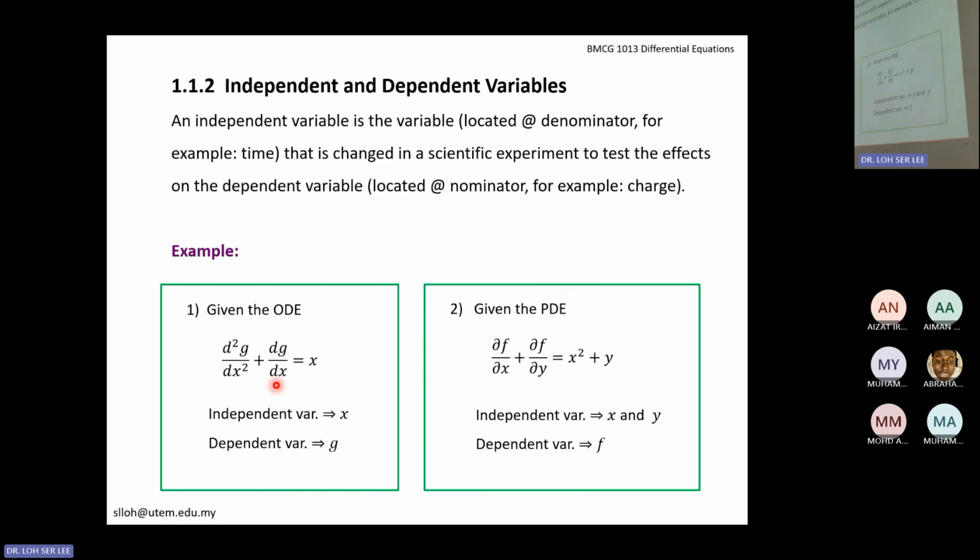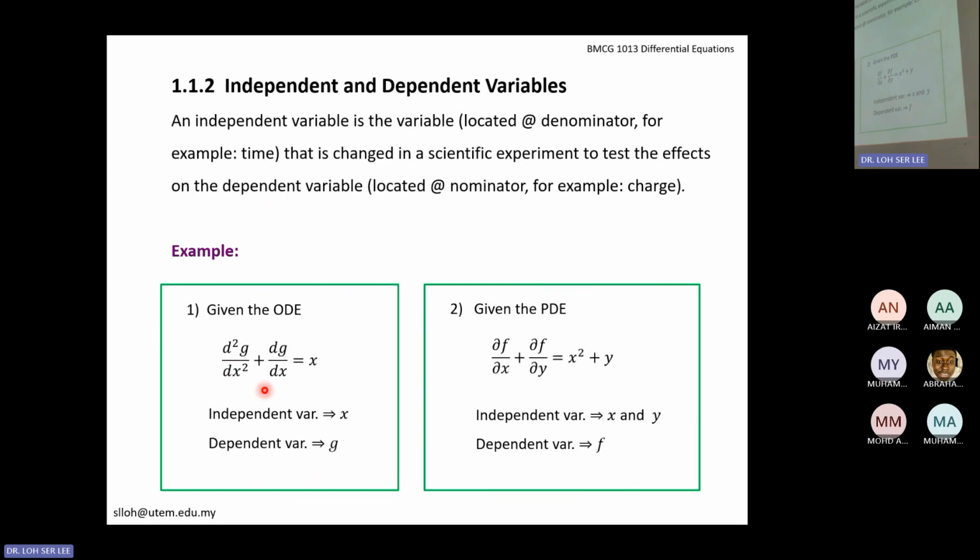That's why x is independent, because we are free to change the independent values. We look at the effects it imposes on the dependent variable, how it affects G when we change x. G depends on x, so G is the dependent variable. x is free to adjust, so x, the one at the bottom, is the independent variable.